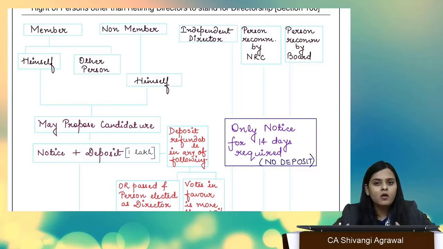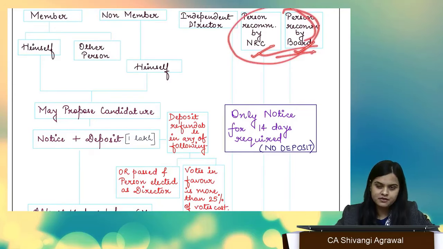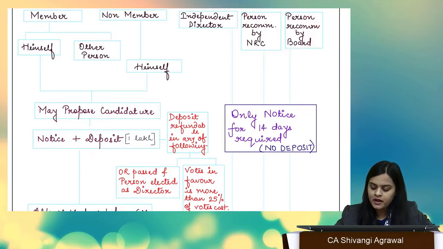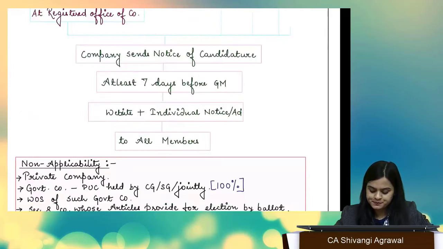You cannot doubt and say this is not a serious application. Of course it's very serious. So they don't need deposits. Moreover, if a person is recommended by the board or NRC, probably they are the people who have much knowledge, and if they are recommending someone, he is a deserving candidate only, right? So in this case you don't need a 1 lakh deposit.